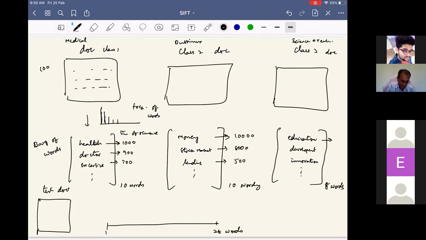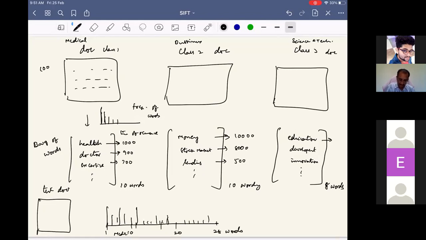I see the frequency of this test document with respect to all these 28 words. If it has more frequency for the initial words, say 1 to 10, and a small frequency for the others, a very small frequency here, then what does it indicate?